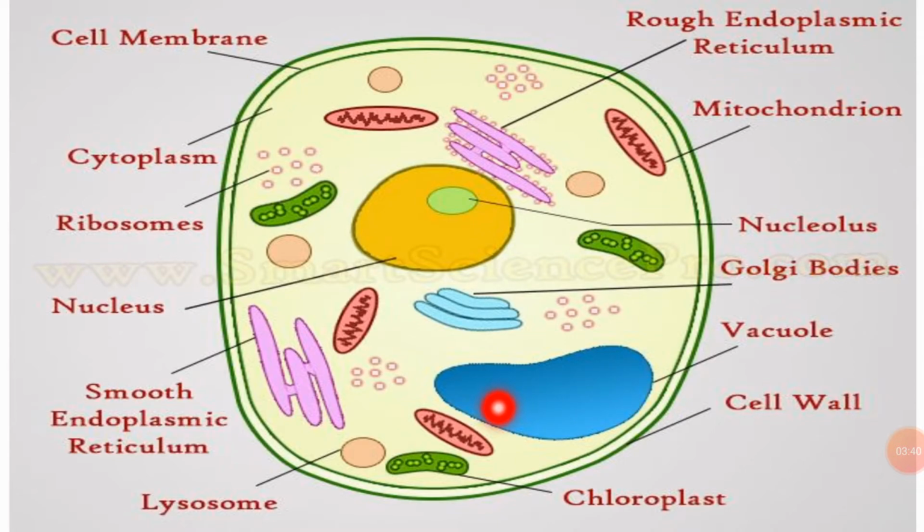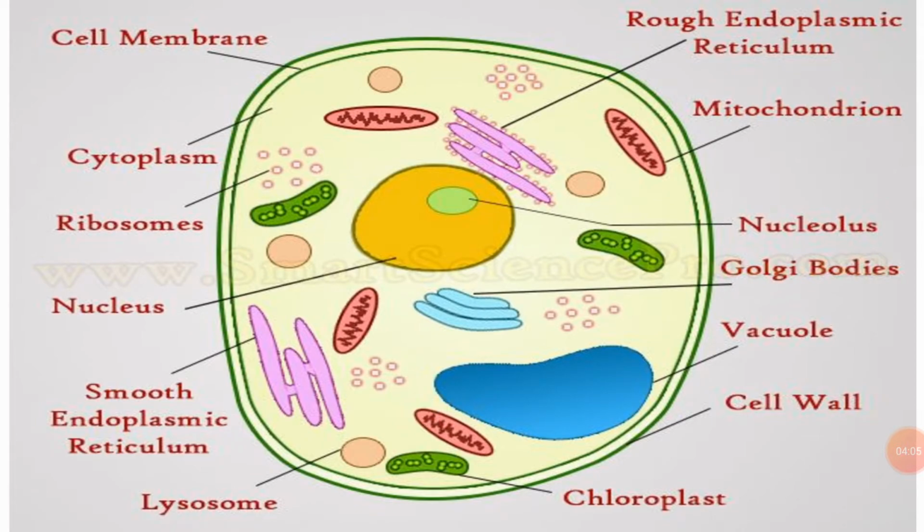How can we know that this is a plant cell? The main difference between plant and other cells is the presence of the chloroplast. As you can see easily here, the chloroplast is present. So this is the plant cell.